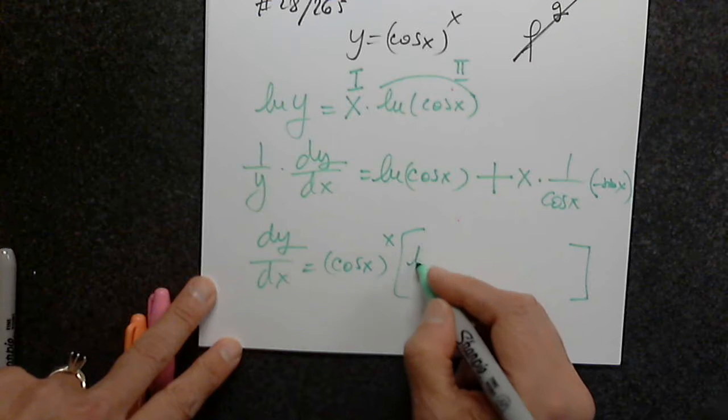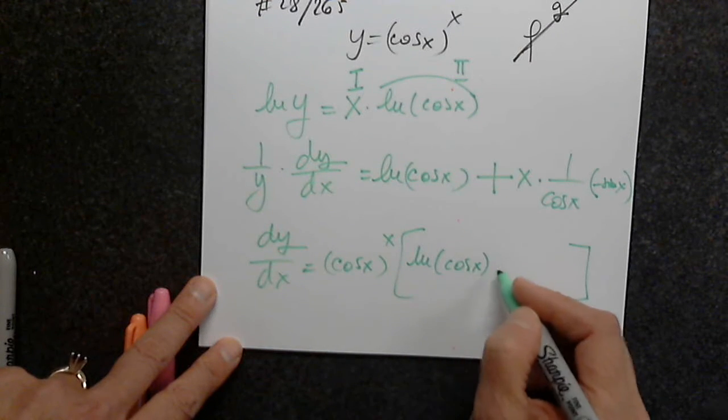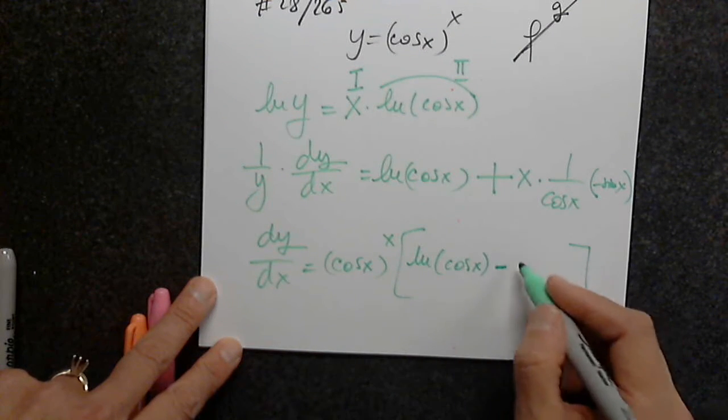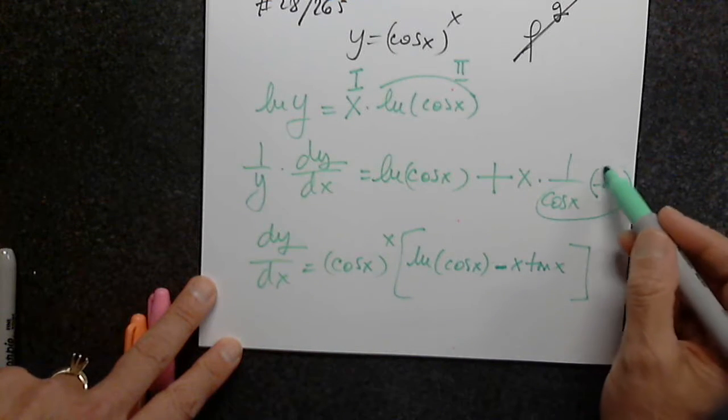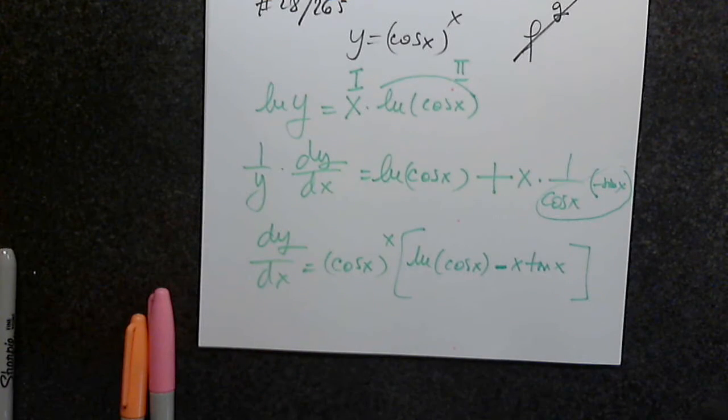And then we have natural log of cosine x minus x tangent x. I changed sine x over cosine x into tangent x. There's no need necessarily, but I just wanted to get rid of the fraction. Any questions on this? Are we okay with this?